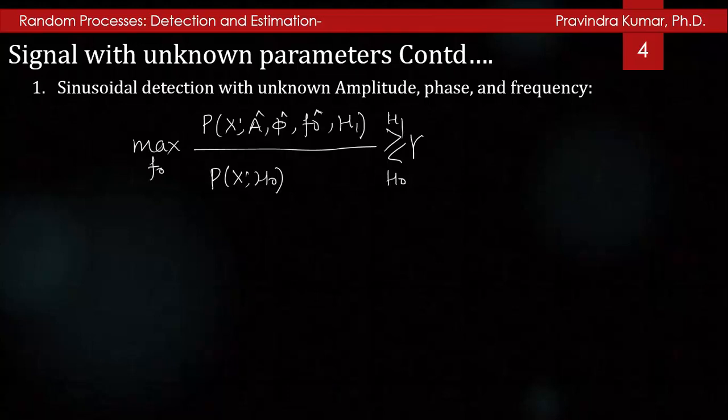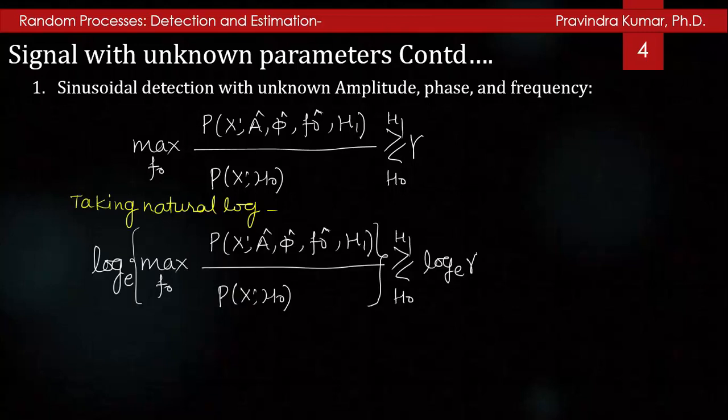Taking the natural log of both sides, we get the log of the maximization over F0 of the PDF under hypothesis H1 divided by the PDF under hypothesis H0, compared with log gamma.